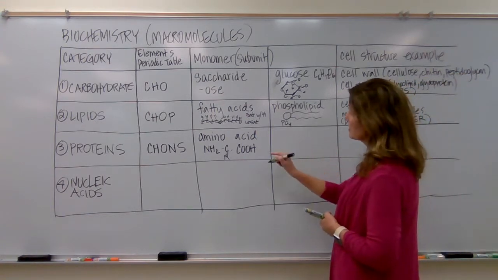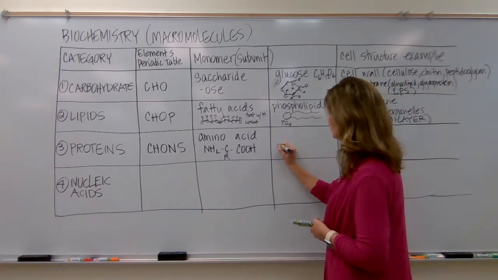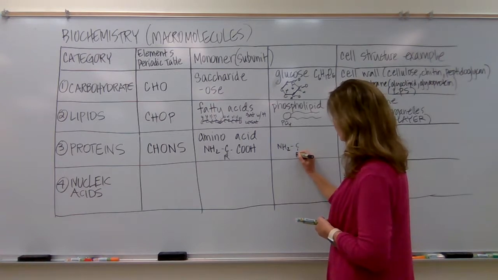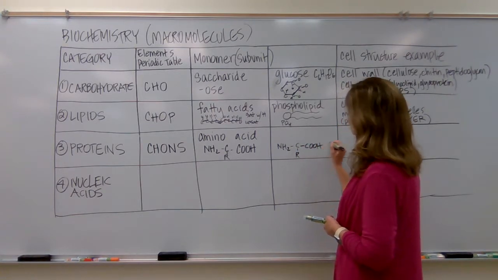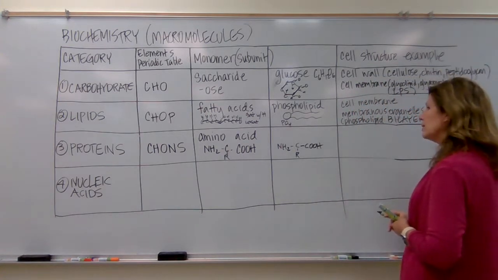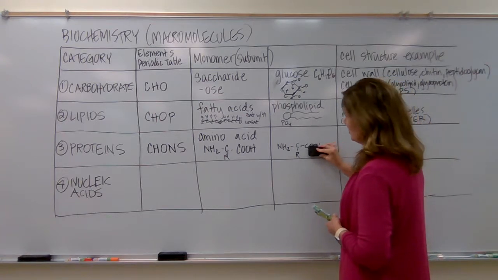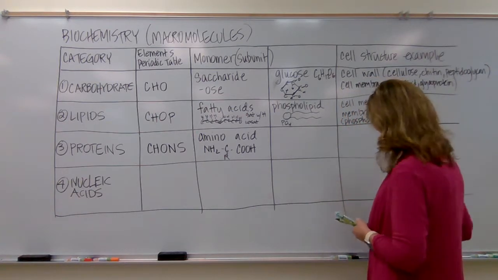Looking at an amino acid, I probably should have just had this structure over here. So I usually think of amino, my R group that changes, along with my COOH. Oh, you know what? Maybe I'm going to erase that.